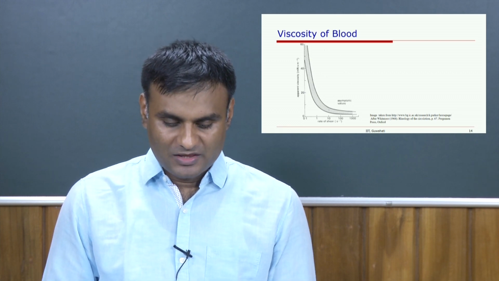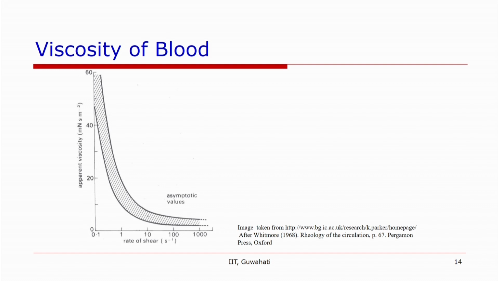In this graph, what has been plotted is the apparent viscosity of blood as a function of shear rate. Apparent viscosity is nothing but shear stress divided by the strain rate or shear rate, and this has been plotted with respect to rate of shear.